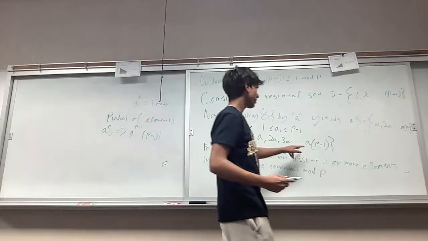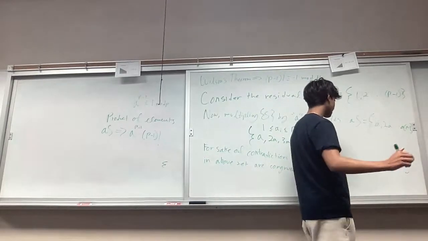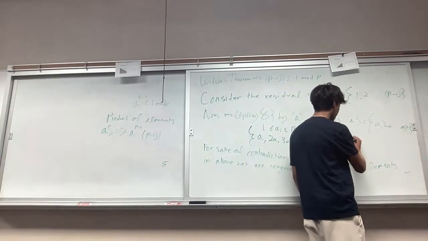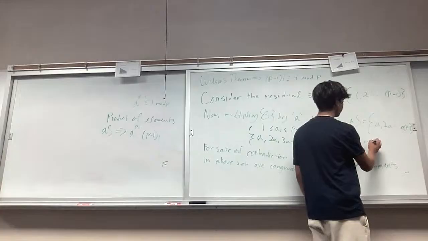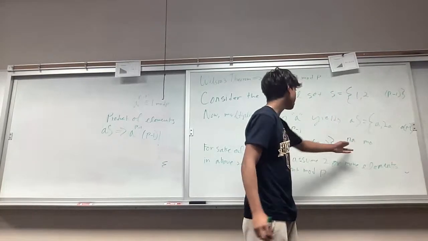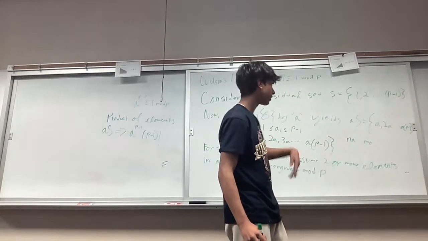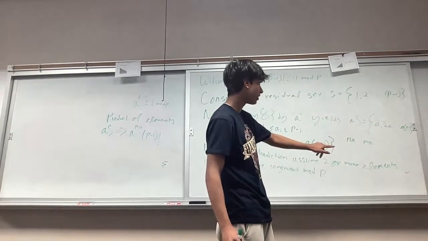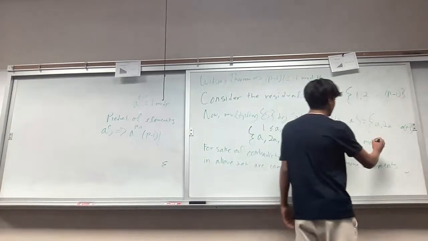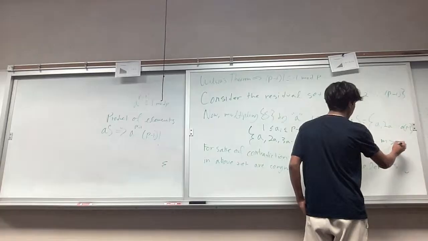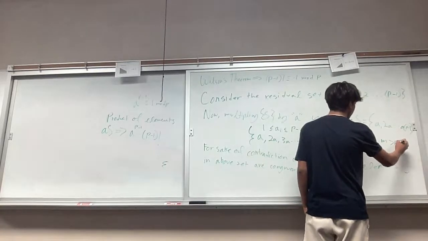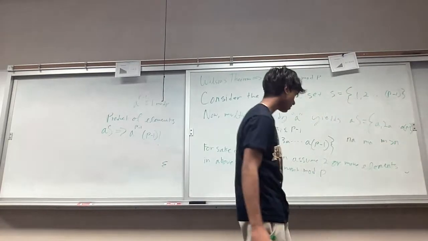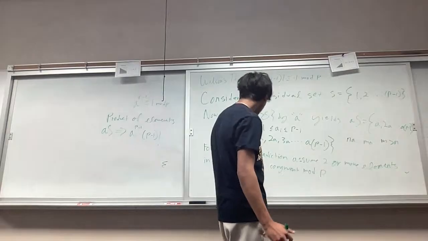Let's say the two numbers in the set that are congruent are NA and MA. Let N be either 1, 2, 3, whatever, and M be one of those other integers. N and M are different, and let's just say, without loss of generality, that M is strictly greater than N. What would this mean?